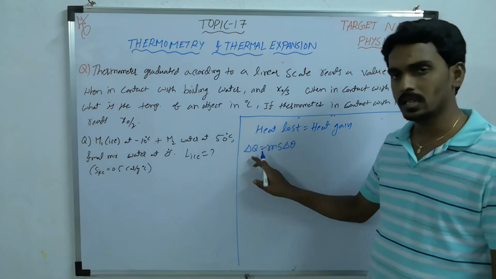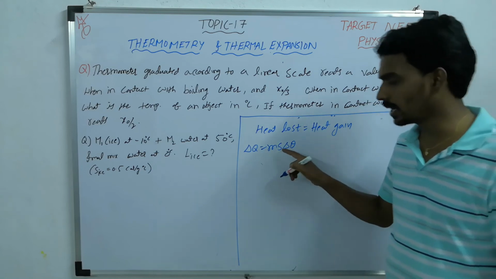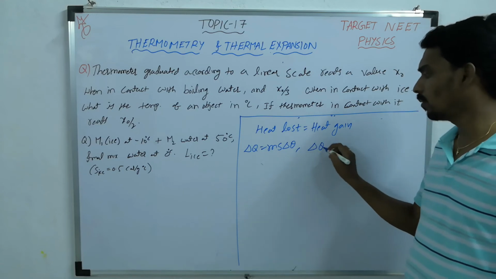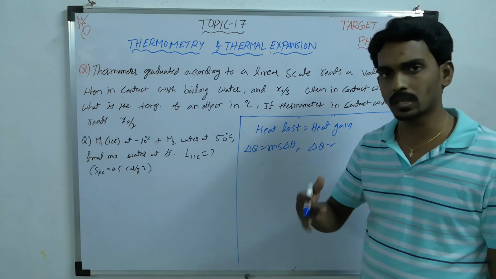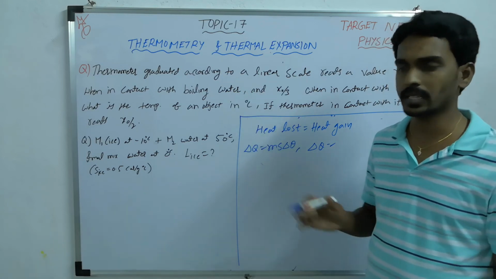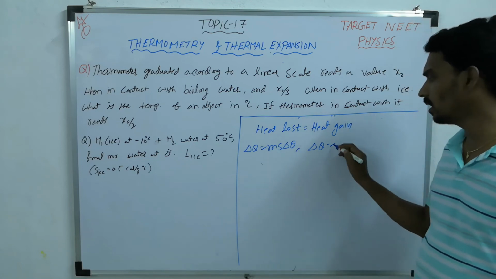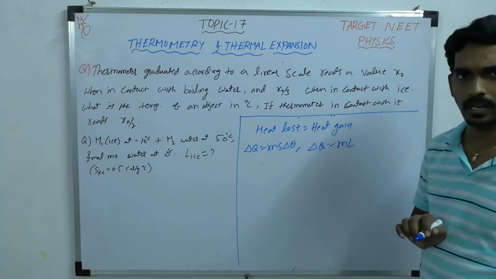In that case, the corresponding heat energy is m s delta theta, where s is specific heat capacity. Similarly, when a change of state happens, like water to ice, ice to water, water to steam, then the temperature remains constant, and the heat required to change the state will be m L.